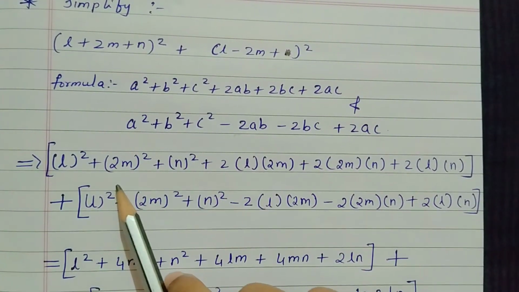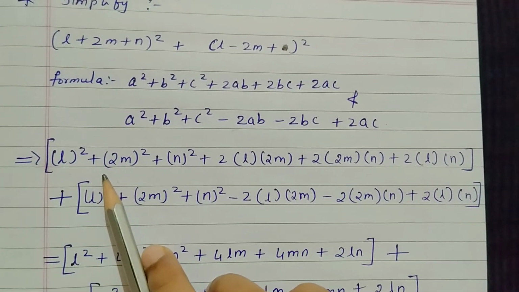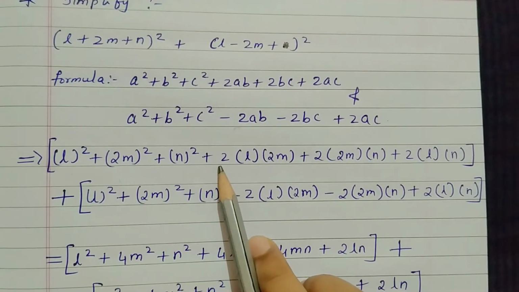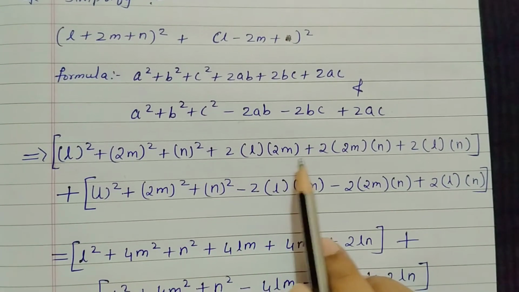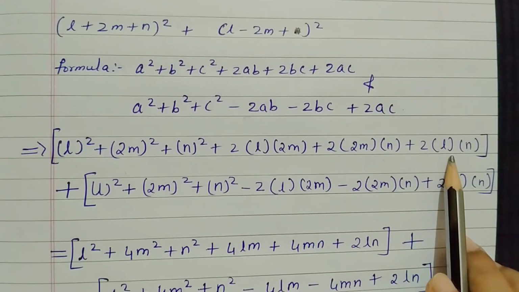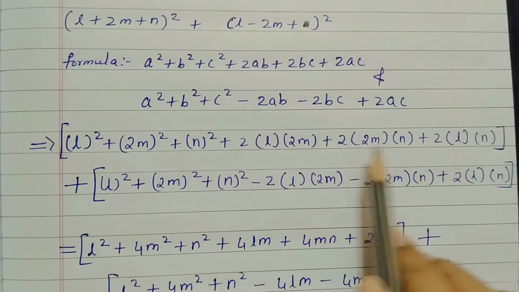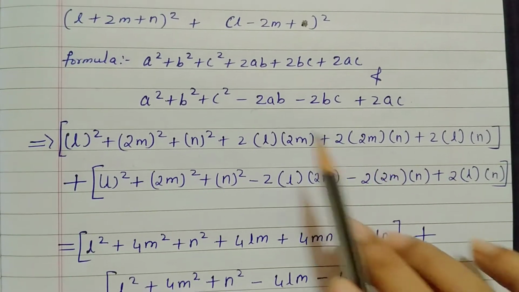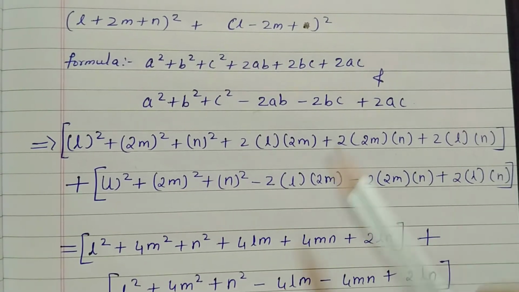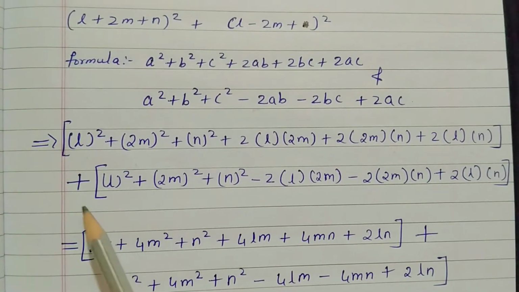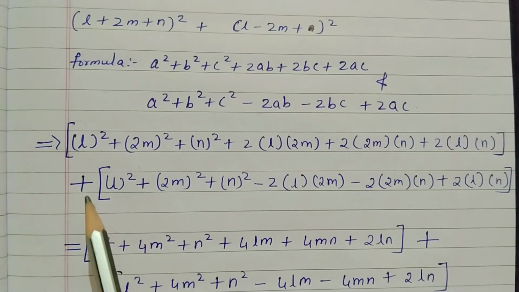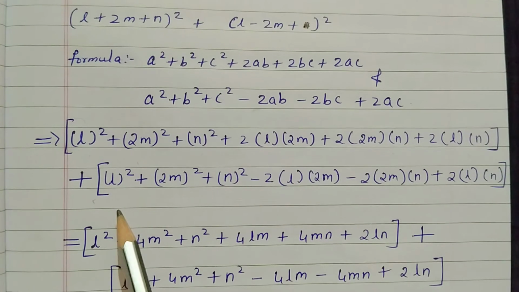This bracket is expanded: L the whole square plus 2m the whole square plus n the whole square, plus 2 into L into 2m plus 2 into 2m into n plus 2 into L into n. You know how it is expanded by using this formula which we have seen in the last expansion form. Nothing different. Now plus, so whenever there are two groups you have to put the square bracket, then plus, again square bracket open.